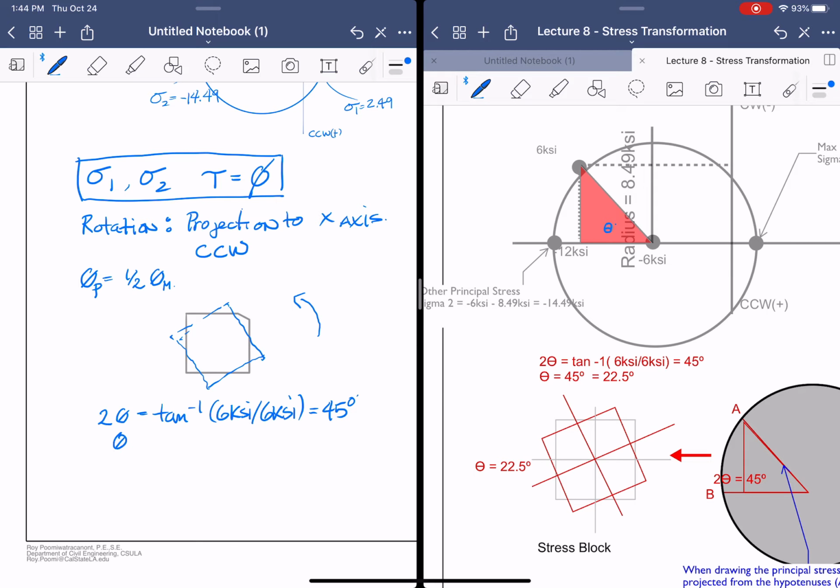Therefore, theta P, principal, is equal to half of that, which is 22.5 degrees.